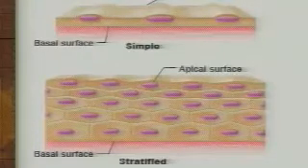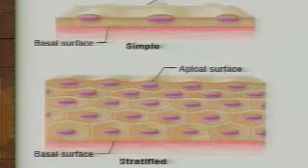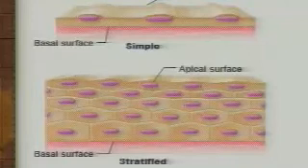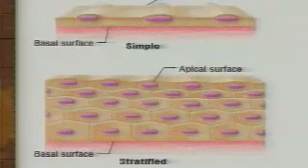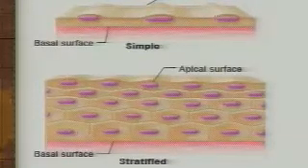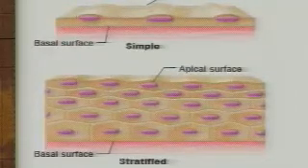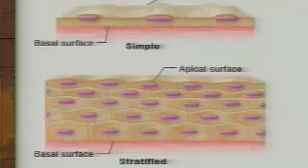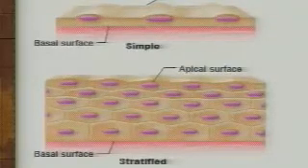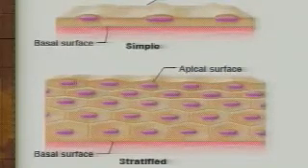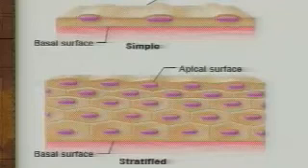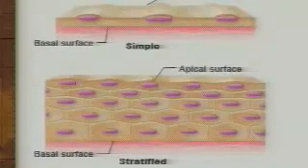Okay. So epithelium is classified by its layering and its shape. So let's talk about the layering first. There is simple epithelium, as you see at the top. Simple epithelium is one cell layer thick. You could see the cell shape, and you could see the nuclei in there.